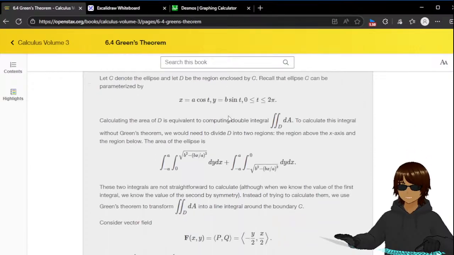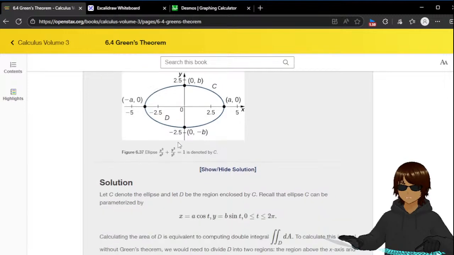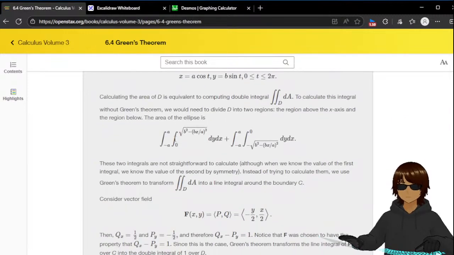Then multiply it with b. Okay, I understand. Then from minus a to a. From 0 to here. But don't you need to just double this? So you need to only calculate one of them, right?